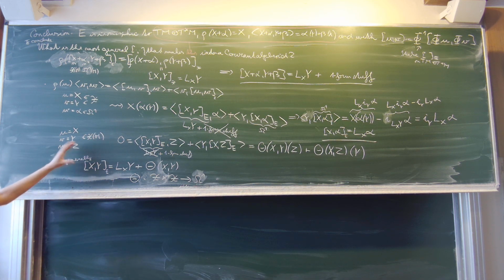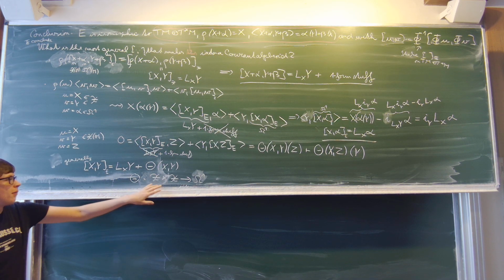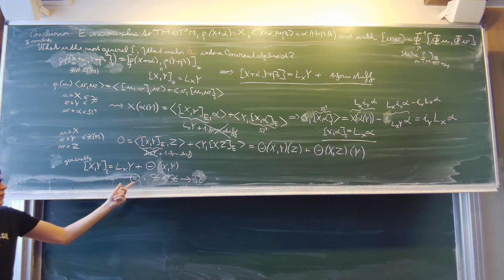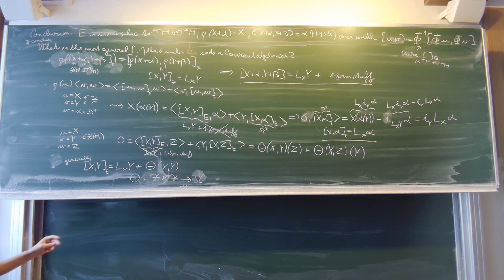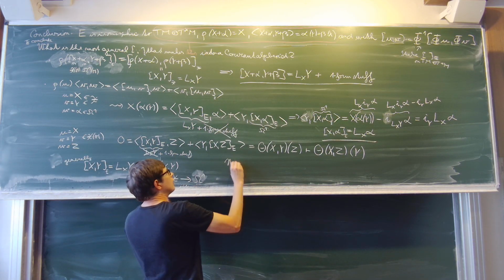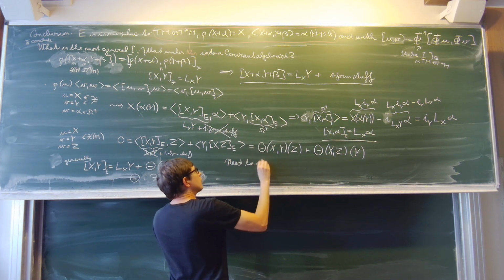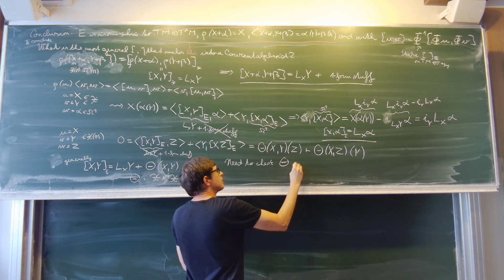Okay, so what I'm now trying to understand is what exactly is the one-form part if I take a bracket of two vector fields. And I just parameterized it by some abstract thing. One thing I forgot is that I need to check now that this thing is actually tensorial.